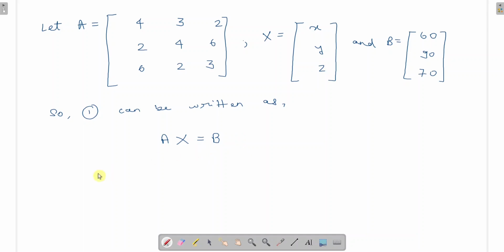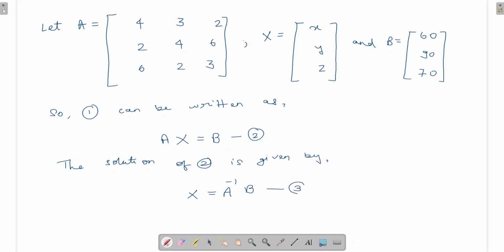If we call this 2, the solution of 2 is given by X equal to A inverse B. Let us call this 3.